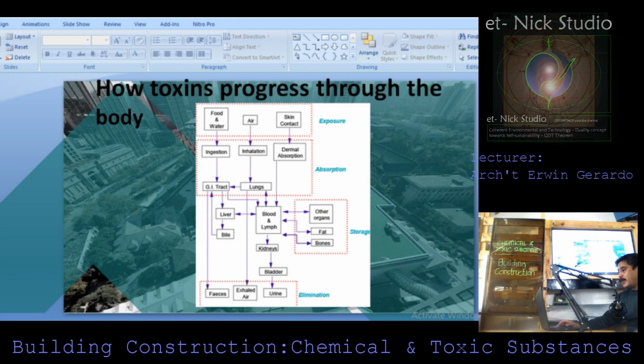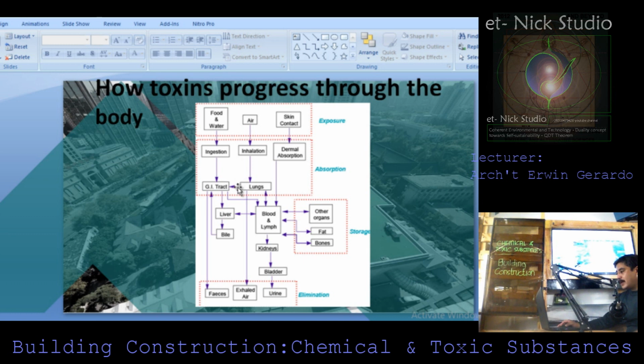How toxins progress through the body. Food and water go to ingestion, the GI tract, liver, and bile, meaning the final product will be the feces. Air is inhaled.